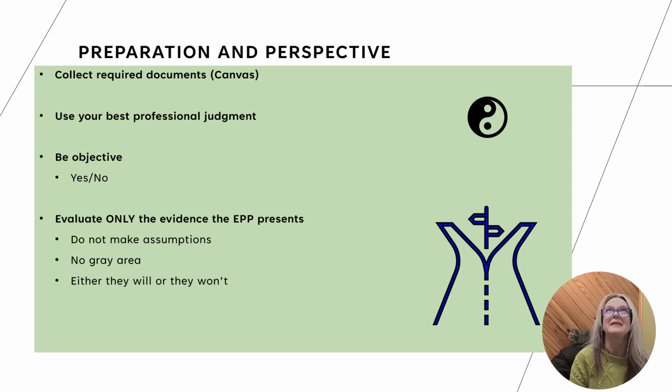It's not the kindest approach, but it does get the point across: you can only base your decision upon what the EPP has provided. You should not make any assumptions. There's not a gray area. Either they did or they didn't, and I have chosen some images to help you remember that.